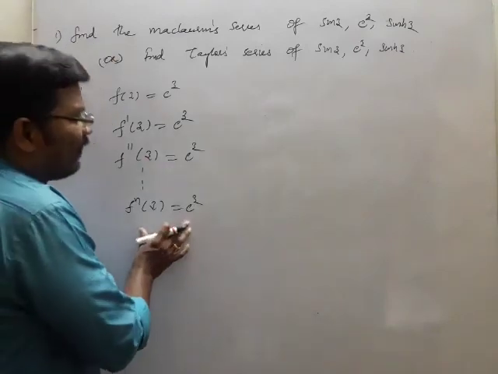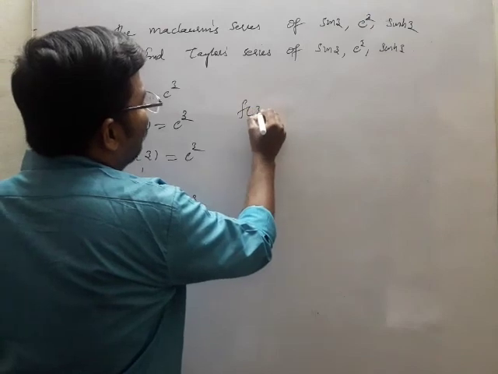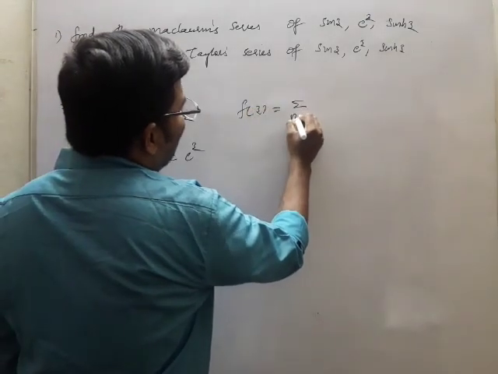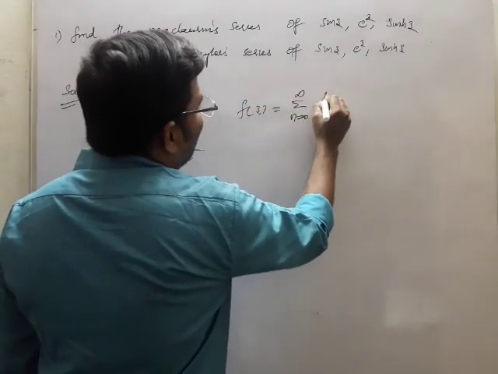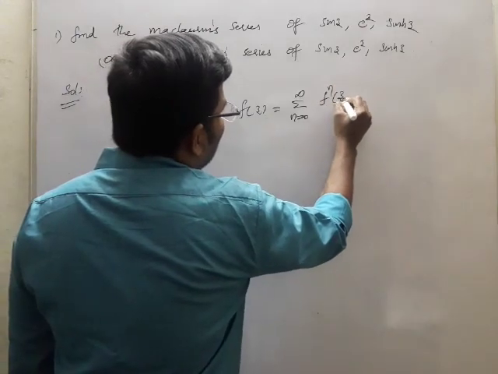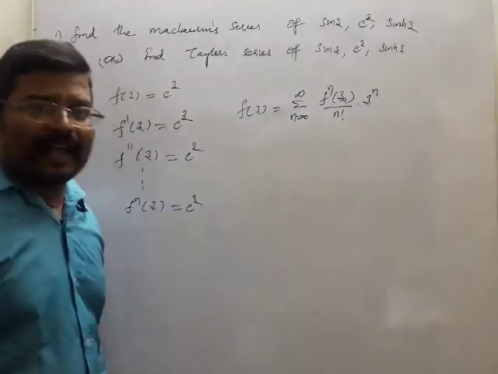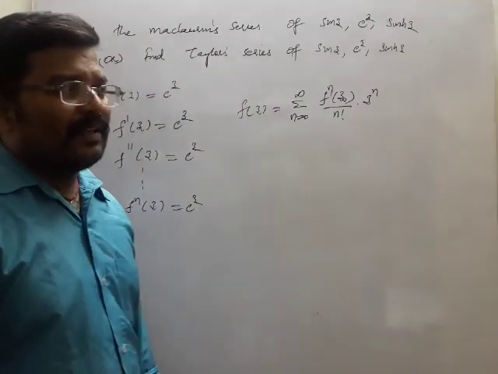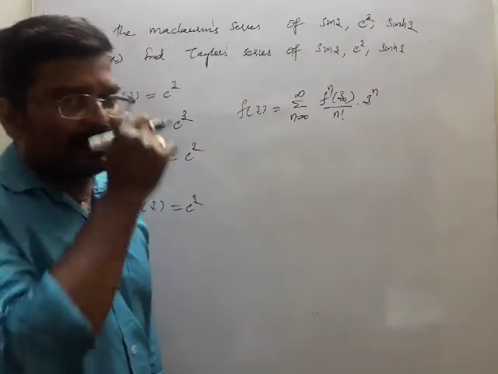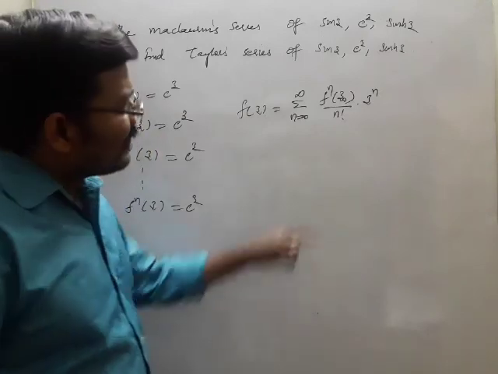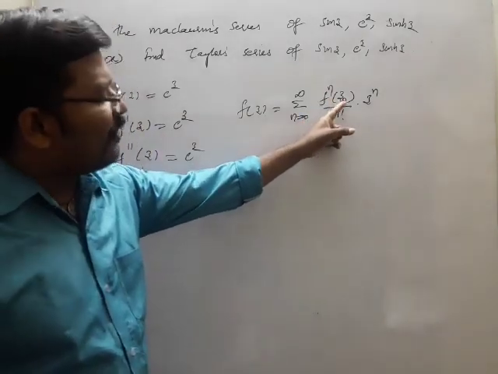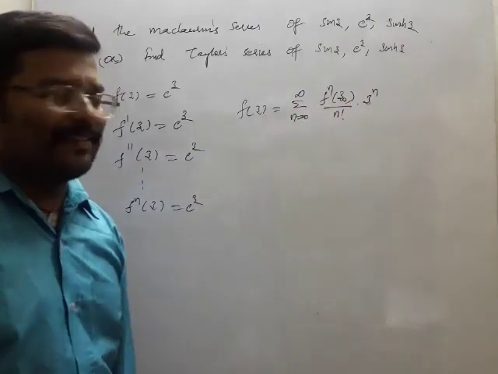What is the formula we have? f of z is equal to summation n equal to 0 to infinity f power n of z naught by n factorial into z power n. This is what we have for the Taylor series. If we put z naught equal to 0, you will get the Maclaurin series.